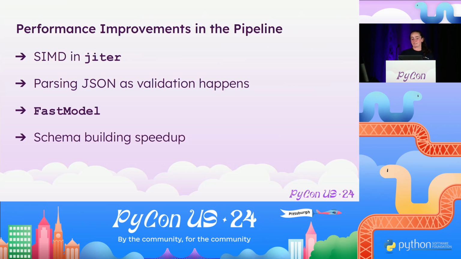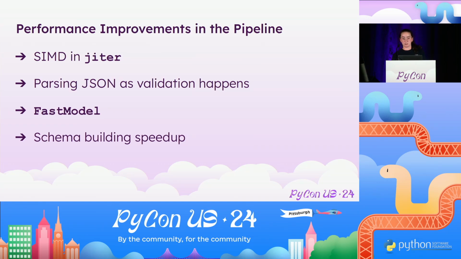We have a lot of performance improvements in the pipeline that are primarily related to our internal Pydantic core logic. So once again, in Pydantic v1, everything was written in Python. We used Python for some internal speedups. But now we have our core validation logic written in Rust.